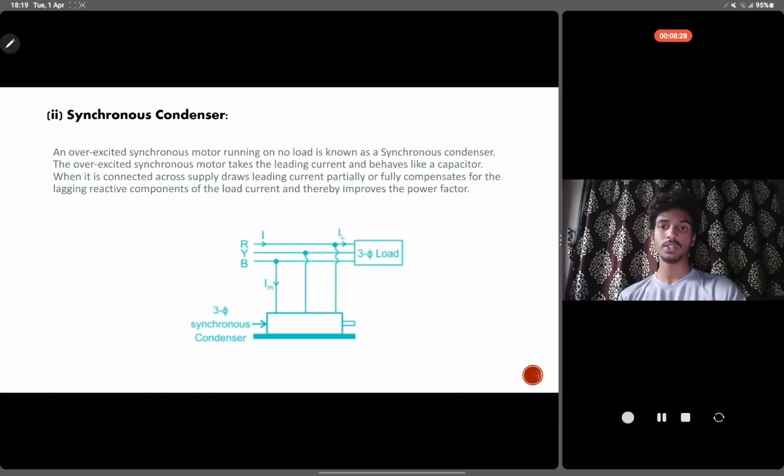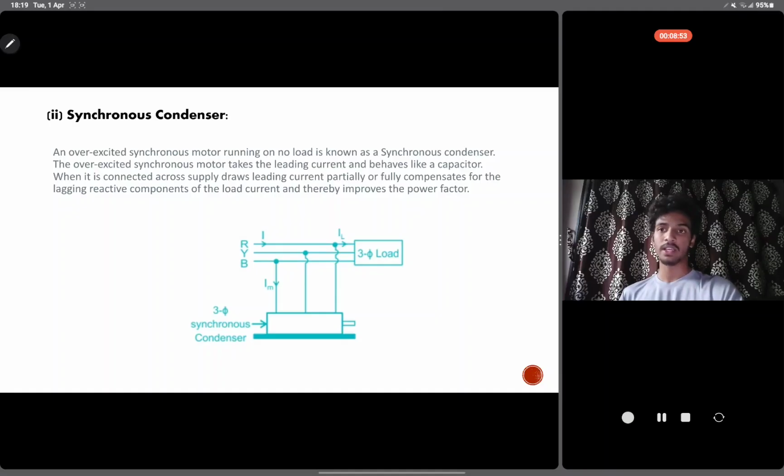An overexcited synchronous motor running on no load is known as the synchronous condenser. In easy words, we can say the synchronous motor runs on no load. The overexcited synchronous motor takes the leading current and behaves like a capacitor itself. In the first case, we need to place a capacitor parallel to the equipment.